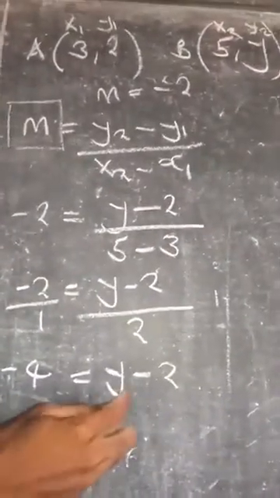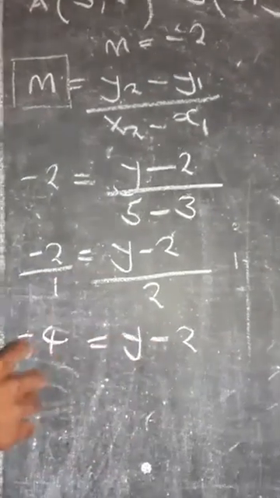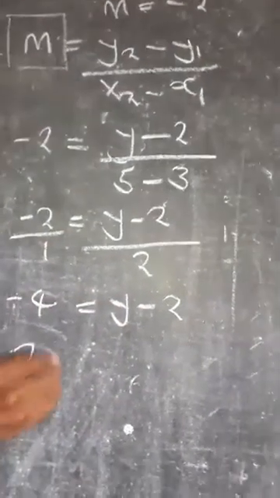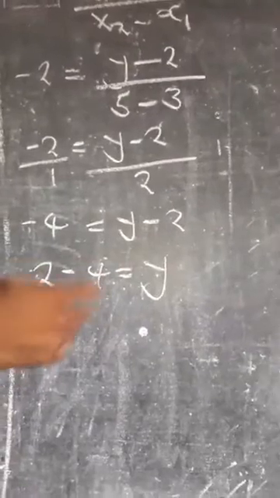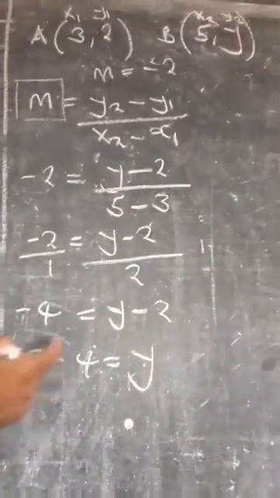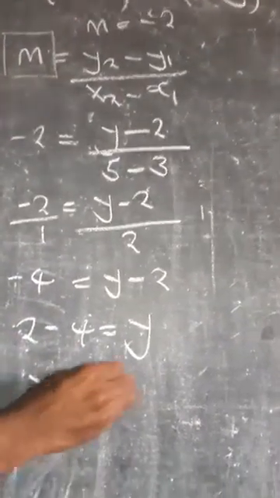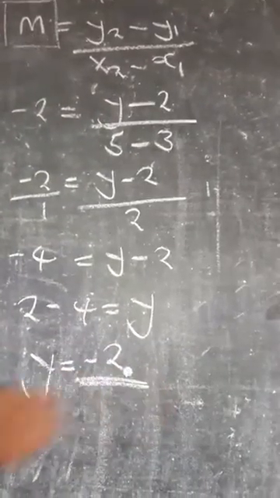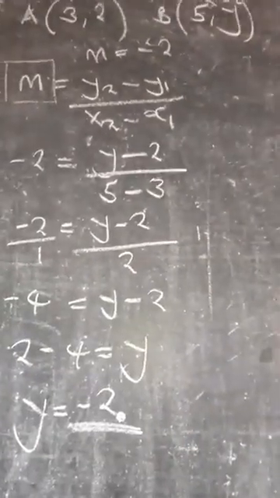So -2 goes the other side, so it's now a positive: 2 minus 4 is equal to y. You follow the sign of the bigger number. The bigger number is negative, which is 4. That means our y is equal to -2.